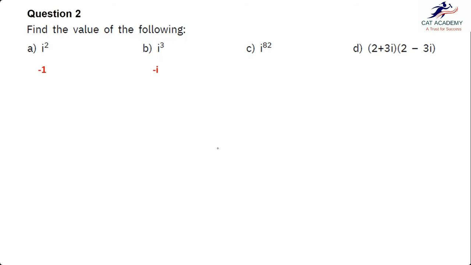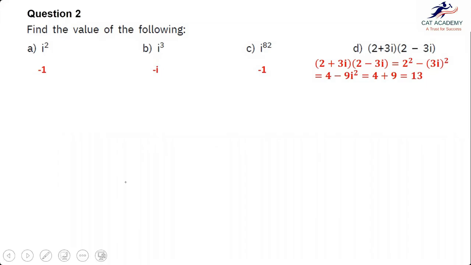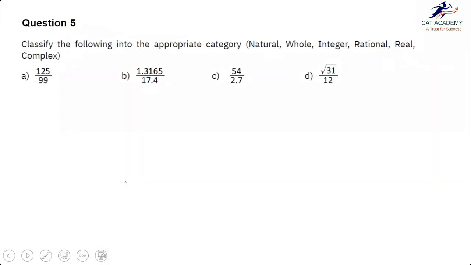So next cycle mein 2, i and minus 1. And 2 plus 3i times 2 minus 3i is 4 minus 9i square. That is 4 minus minus 9, that is 4 plus 9, that is 13. Everyone clear with this? Hope no one is having a doubt. Good. Try this one again.